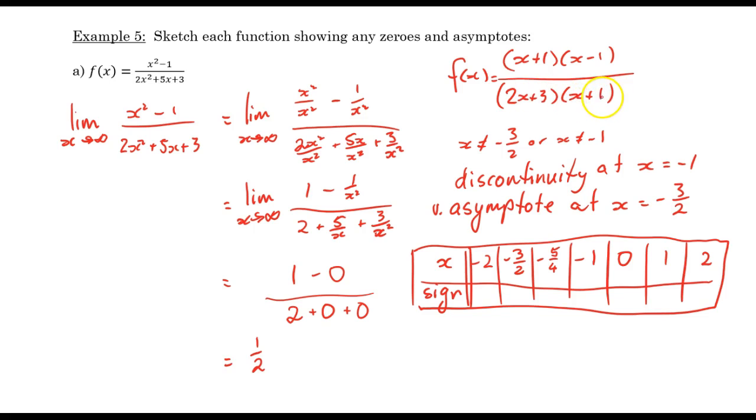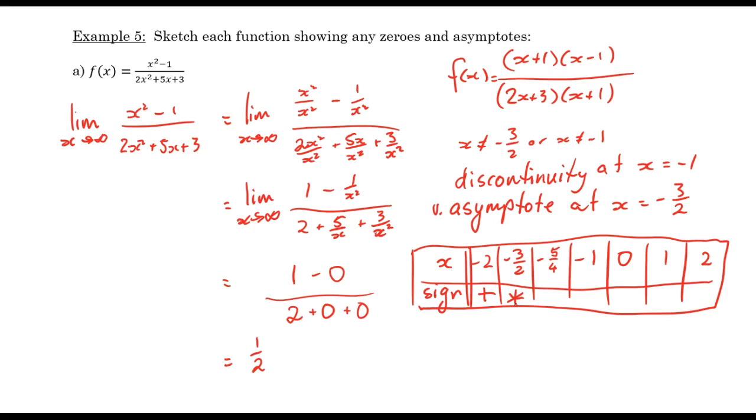Negative 2 plus 1 is negative 1. Negative times a negative is positive, so it's positive divided by positive. So my sign is positive when x is less than negative 3 over 2. Now, negative 3 over 2, undefined, I would be dividing by 0.